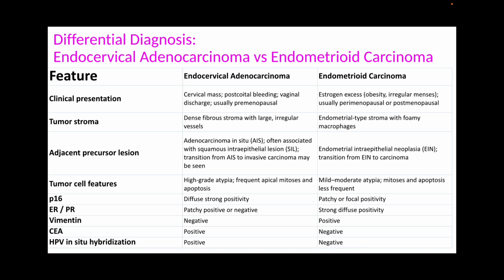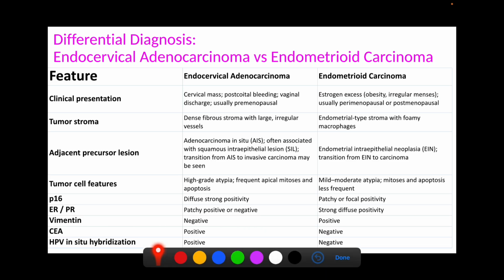Now differential diagnosis between endocervical adenocarcinoma and endometrioid carcinoma. These are the features which can help us to reach the diagnosis. Clinically, endocervical carcinoma presents as a cervical mass, postcoital bleeding, vaginal discharge; here, obesity and irregular menses.